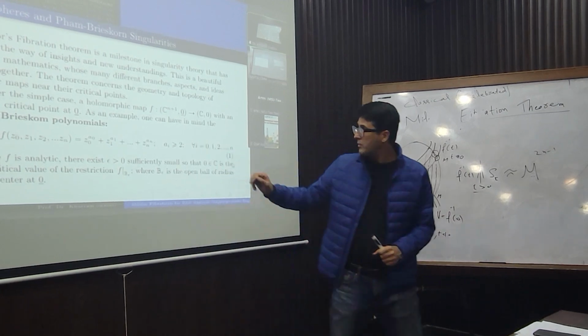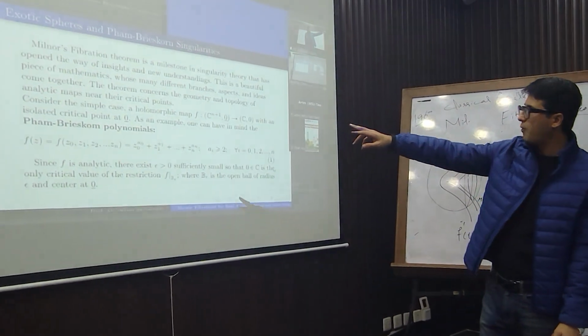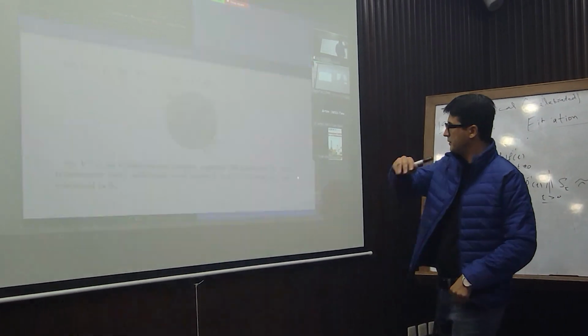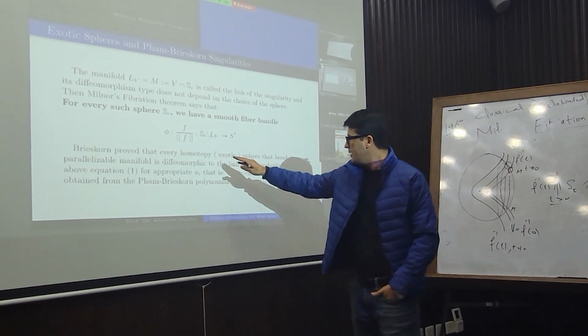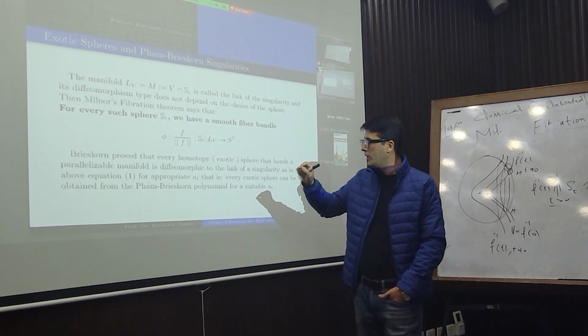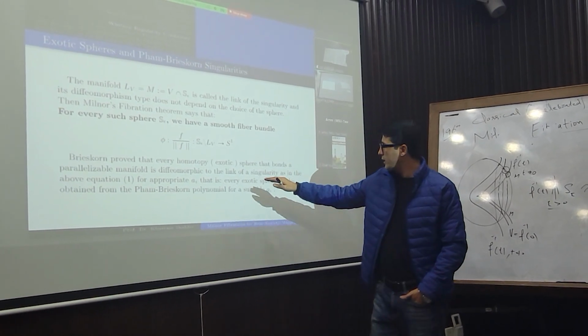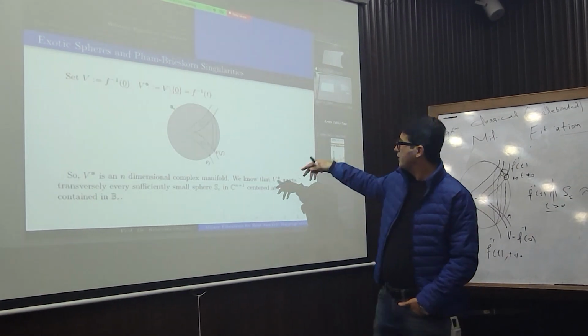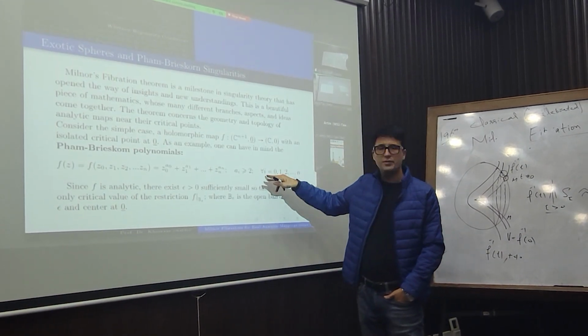And there is a very famous result by Brieskorn, which says that every exotic sphere that bounds a parallelizable manifold is diffeomorphic to the link of the singularity coming from this equation.